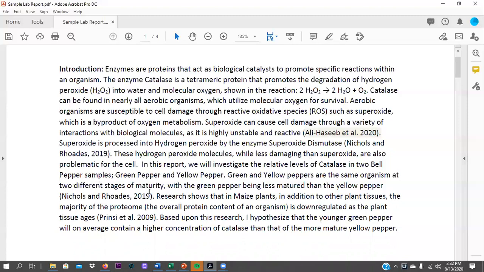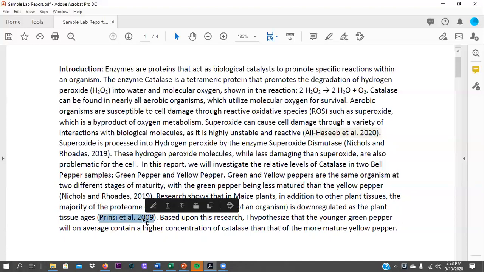Finally, in your introduction, you will state your hypothesis for the experiment, which is an educated prediction about what we think will happen during the experiment using previous knowledge. Because of this, your hypothesis should have support from sources. Example: here I state research shows that in maize plants, in addition to other plant tissues, the majority of the proteome, the overall protein content of an organism, is downregulated as the plant tissue ages.